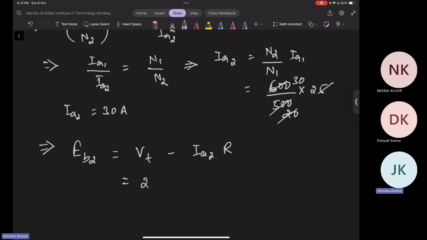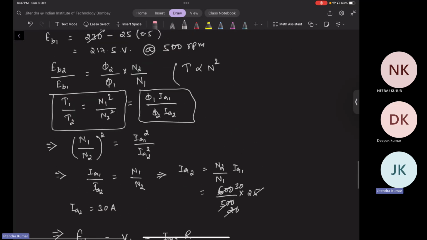So VT is 230 minus 30 into 0.5, which will be 215 volt. Okay. So is it fine?